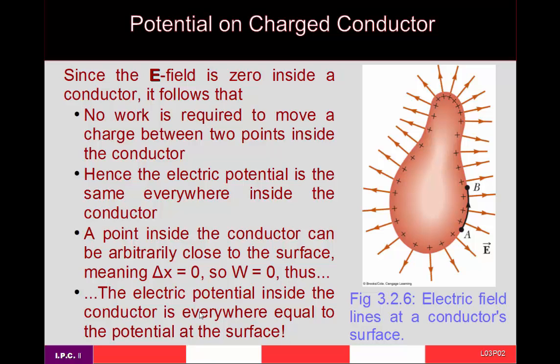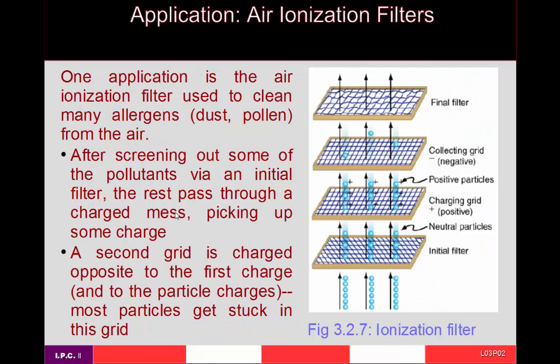So therefore, the electric potential everywhere inside must be equal to the electric potential at the surface, because there's no change from the surface to an arbitrarily small step inside of the surface, and once you're inside, you have the same potential everywhere. So that is one of the physics applications.